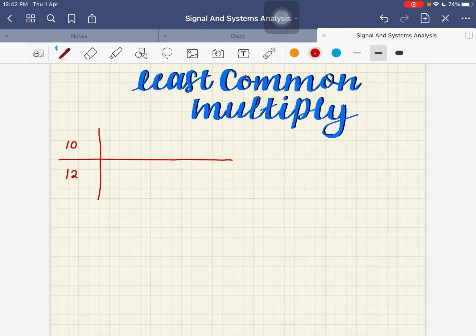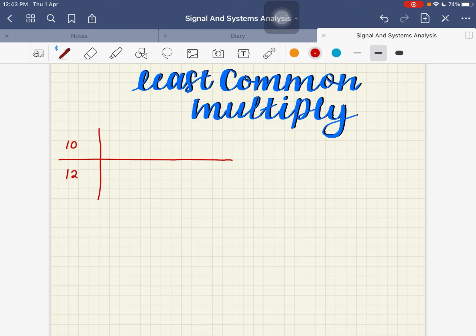The least common multiple is actually a mathematical concept, but we are going to use it for our signal analysis course. So here I'm going to explain first the least common multiple theory or method, and after that I'm going to explain how you apply this method to solve the fundamental period of a periodic signal.